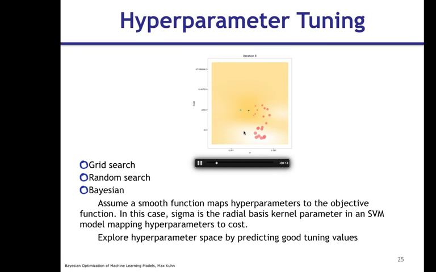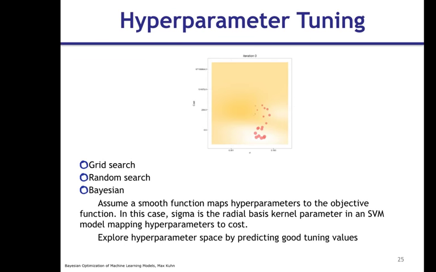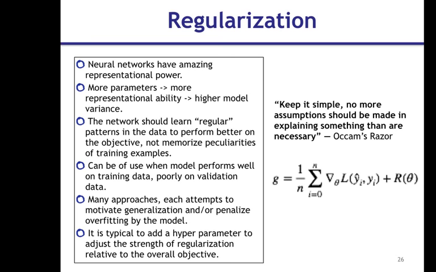Basically, given each coordinate in the hyperparameter space, you evaluate where you are with respect to the cost, and based on that, you predict your next update. That's just a more informed way of exploring the hyperparameter space.